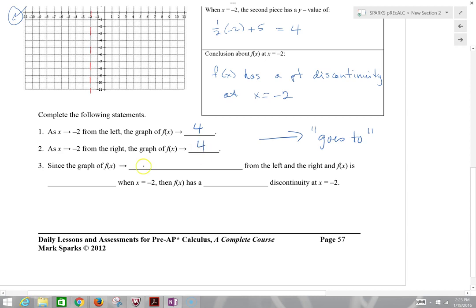Since the graph of f of x goes to the same y value from the left and the right, and f of x is not equal to f of -2 when x equals -2, then f of x has a point discontinuity at x equals -2.